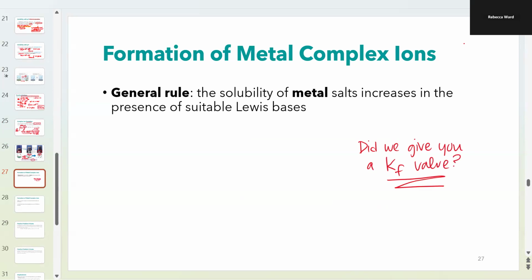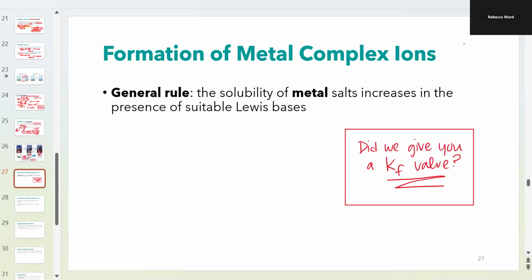That's when we want you to think about a KF. If we give you a complex ion KF value, then we want you to think about the formation of a complex ion. But I'm not expecting you to look at a salt and say, hey, are you gonna make a complex ion? No, we'll give you that information in the question. So that's our red flag to say, hey, we want you to think about this.